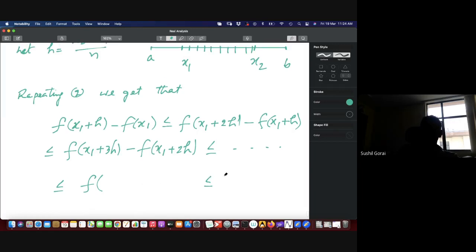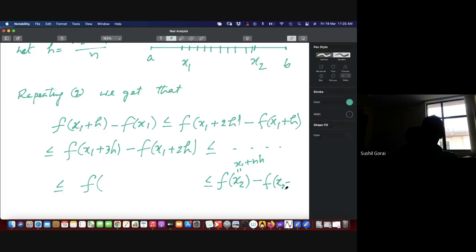The last term will be f of x2, which is x1 plus nh, minus f of x1 plus (n minus 1)h, which is x2 minus h.